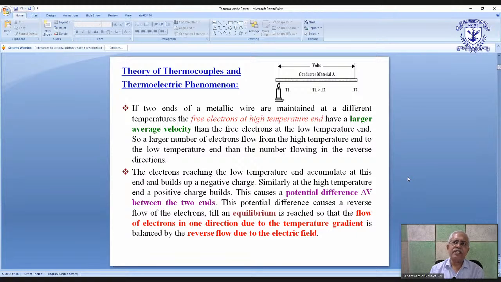Okay. So if there is a pressure gradient, then the pressure will tend to spread all over the medium. If there is a concentration gradient, typically like if you light an agarbatti in one end of the room, after some time, even though the agarbatti would have extinguished, the aroma of the agarbatti spreads over the entire room.